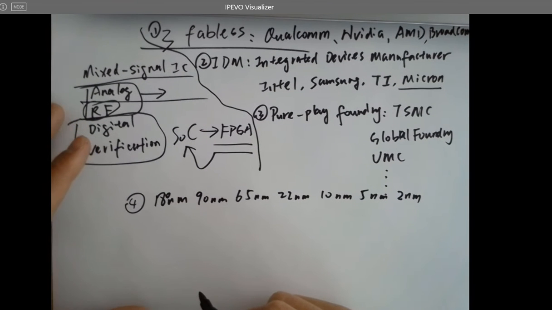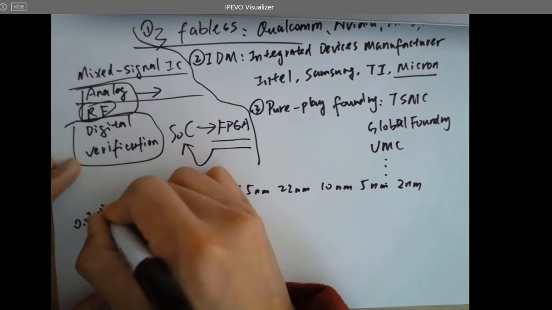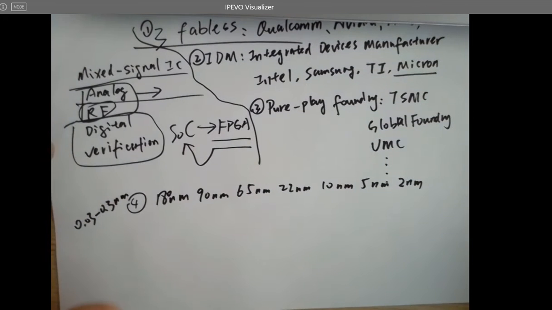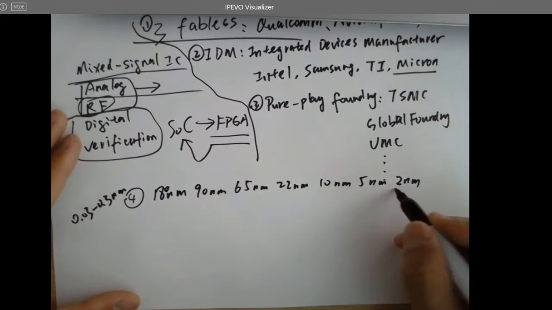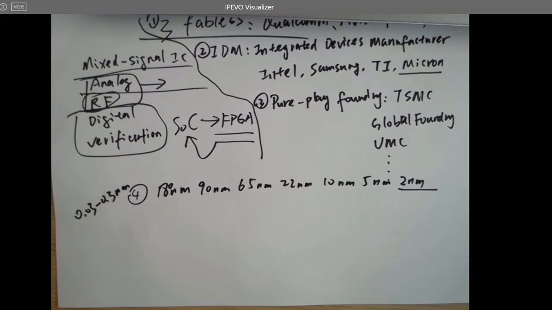What's the size of an atom? 0.03 to 0.3 nanometer. So this is just a few atoms. We couldn't make it smaller than an atom.